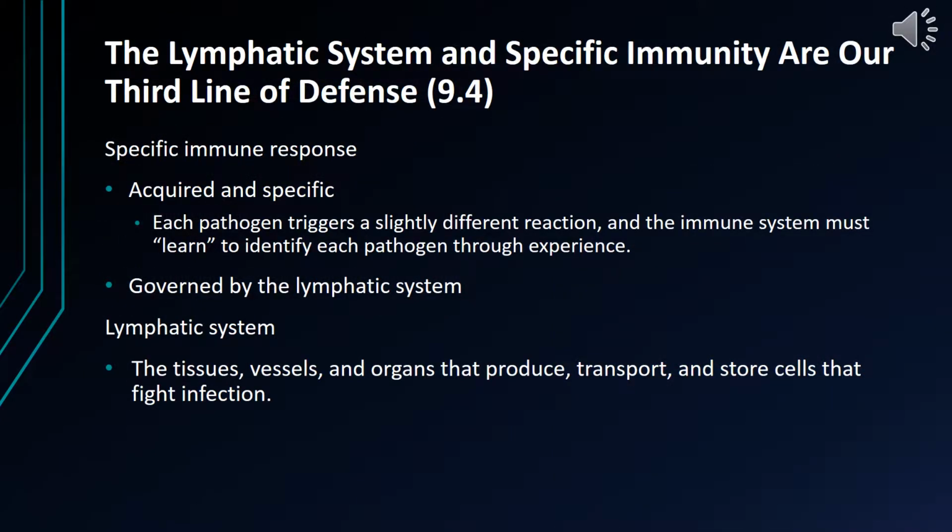Section 9.4, the lymphatic system and specific immunity are our third line of defense. So the specific immune system, or the specific immune response, is both acquired and specific, which means that each type of pathogen which enters the body triggers a slightly different reaction from the body's internal defenses, and the immune system must learn to identify each type of pathogen through experience or past exposure.